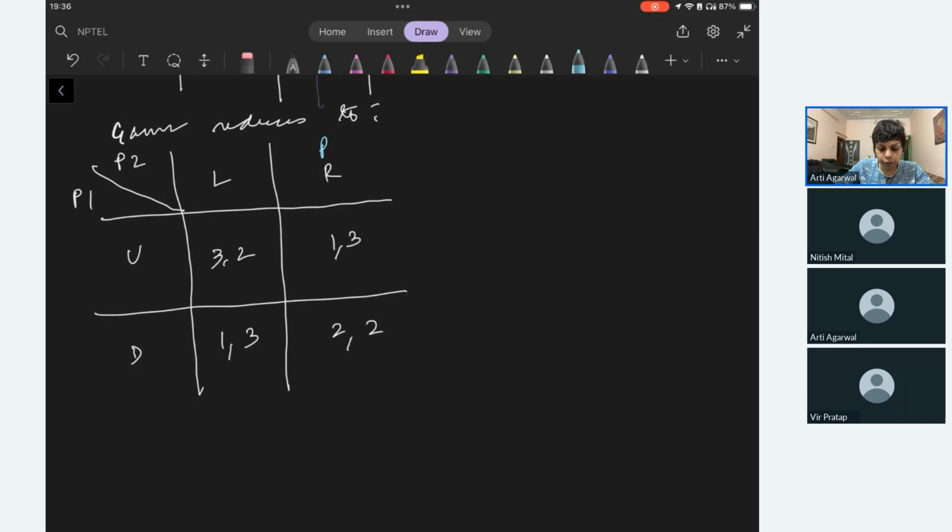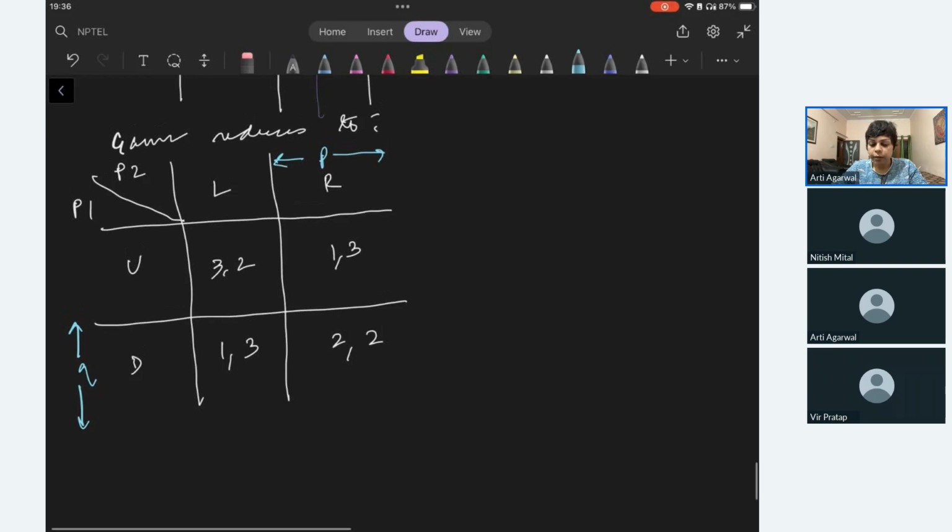probability P of R, and you can take probability Q of D, or whichever way you like. I'm just using the terms I usually use, but you can use P and P star or P prime or whatever you like. The terms don't matter in this particular case. We use the same method to calculate expected payoffs of P1 and P2.